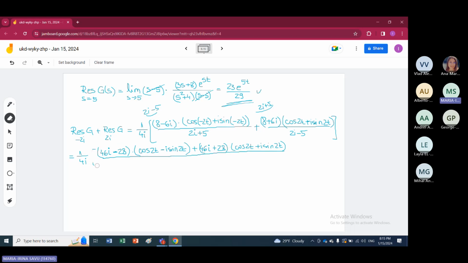Let's see, we don't need this bracket. Over this one times this one, okay, which is the result. This one squared, okay, so we have here 2i squared minus 5 squared.